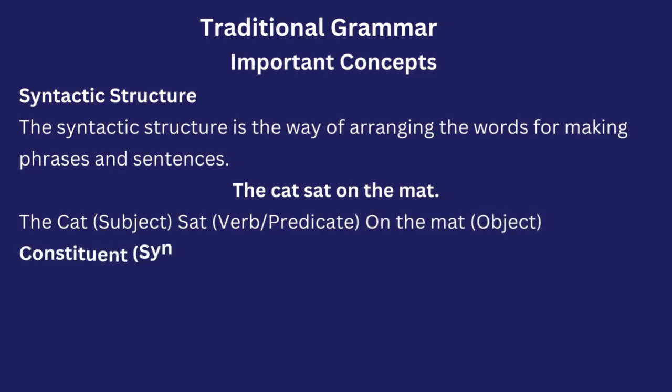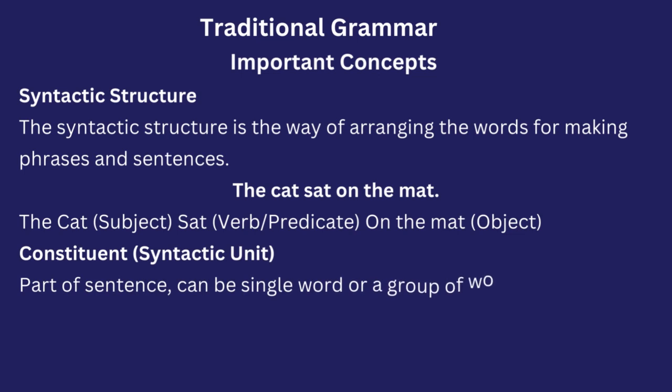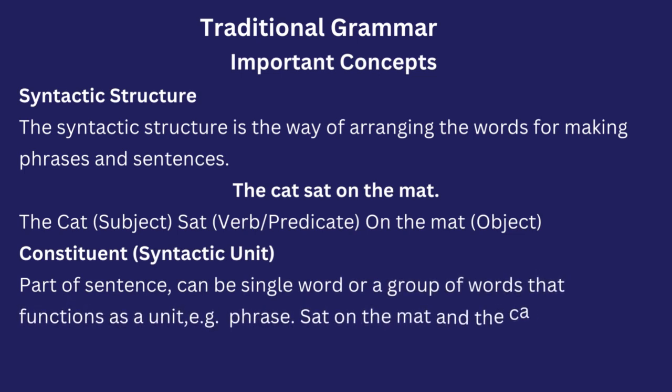And syntactic structure is an important aspect of language because it determines the meaning of a sentence and how it is interpreted. For example, the cat sat on the mat. The word cat is the subject of the sentence, sat is the verb, and on the mat is the object. These three words form a phrase, and the entire phrase, the cat sat on the mat, is a sentence.